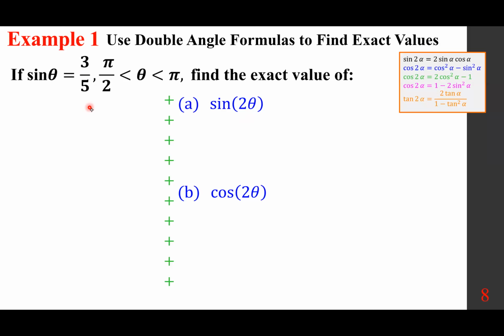Now, of course, if we use Pythagorean identities, I'm going to assume we are very comfortable with that. Sine squared plus cosine squared is 1. Therefore, we know that cosine is plus minus the square root of 1 minus sine squared theta. And we replace the sine with 3 over 5.